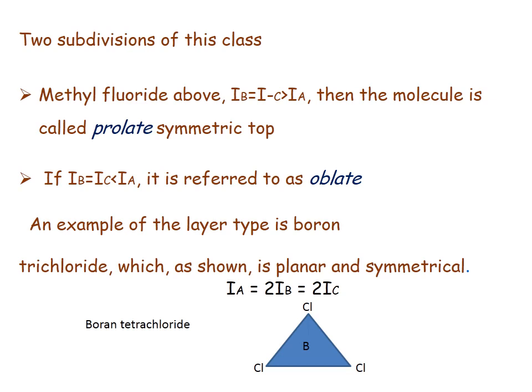Here the values of moments of inertia are IB equal to IC, but IB and IC are very much greater than IA. In the case of the second type, oblate, the values of moments of inertia are different: IA is equal to 2IC, which is equal to 2IB.